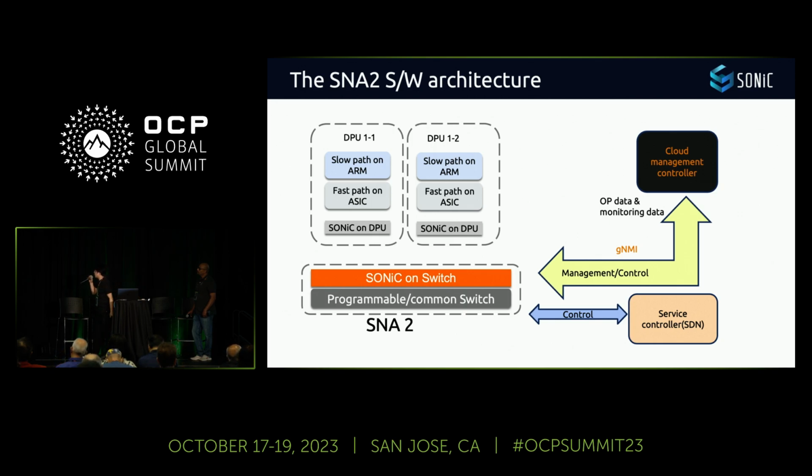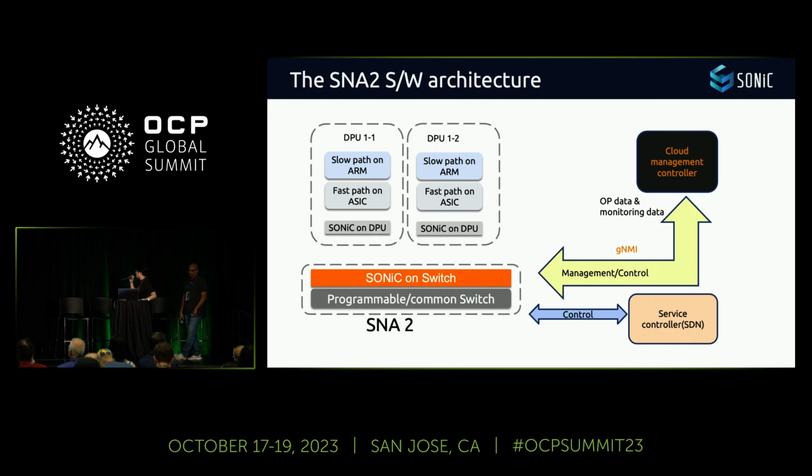And here we can clearly see that the slow path on ARM and the fast path on the ASIC are actually separated. The fast path is defined with a behavioral model, with a processing pipeline loaded into the DPU ASIC, and then the first packet processing or the creation of the flow may run on the ARM CPU.